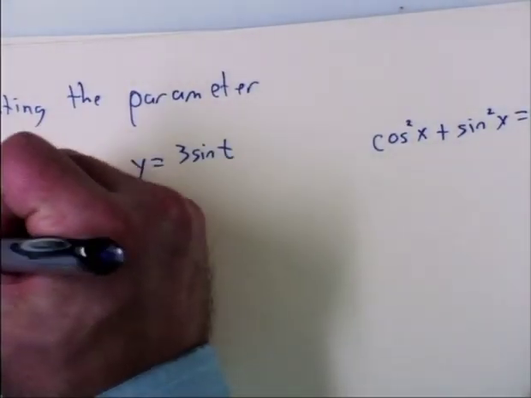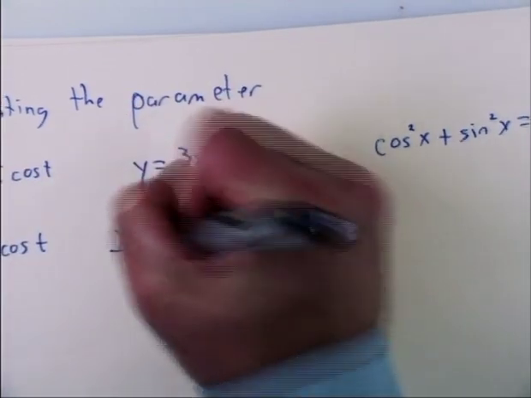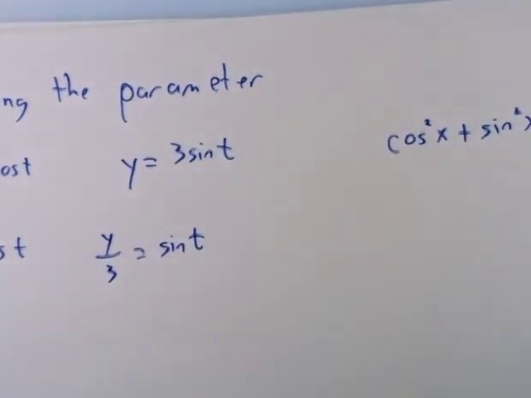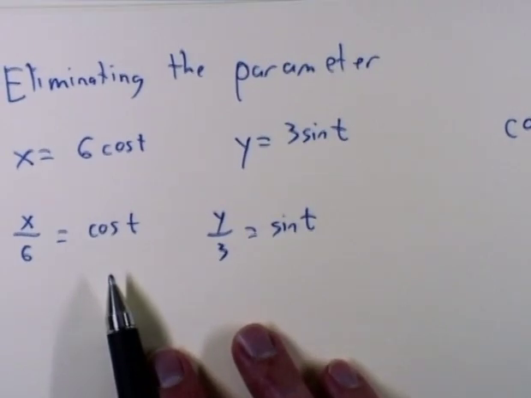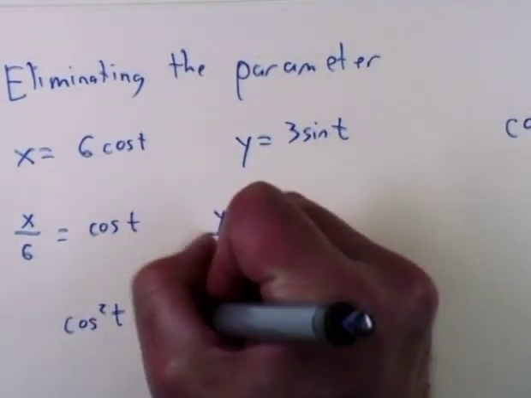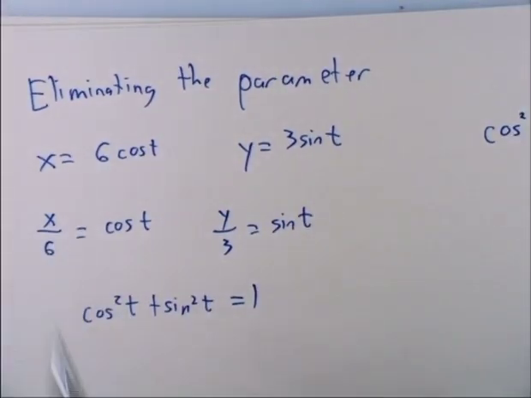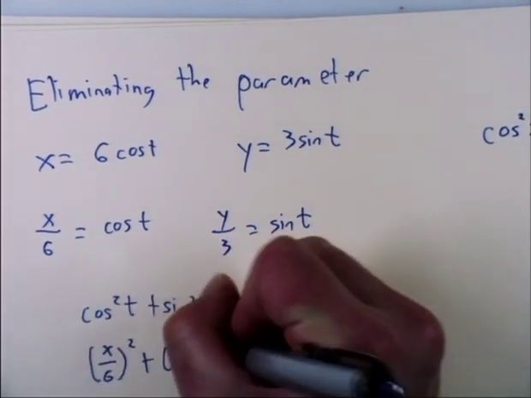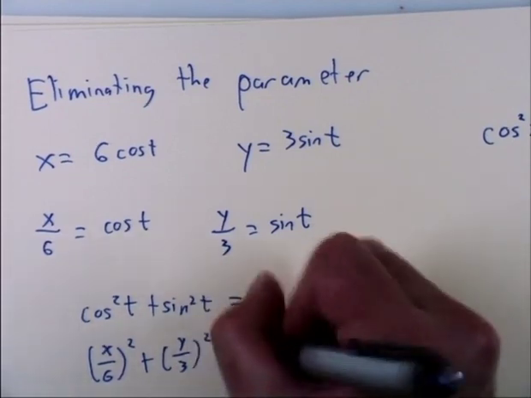Well, let's say we have x over 6 is cosine t, and y over 3 is sine t. And if we think about these equations and our cosine squared plus sine squared, it might be pretty obvious what to do. I already know that cosine squared t plus sine squared t is equal to 1. And since cosine t is x over 6, I have immediately that x over 6 squared plus y over 3 squared, since sine t of course is y over 3, is equal to 1.